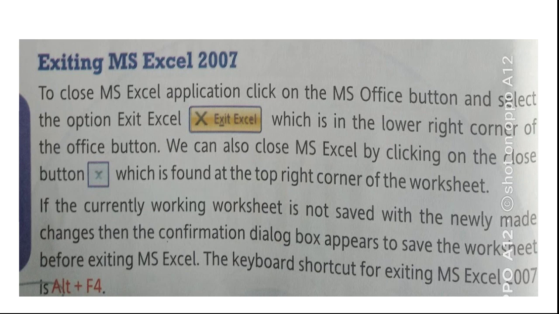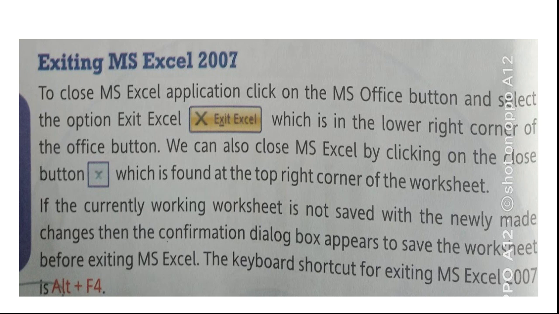If the currently working worksheet is not saved with the newly made changes, then a confirmation dialog box appears asking you to save the worksheet before exiting MS Excel. If you have not saved and you are exiting, the dialog box will ask you to save the Excel file and then leave.